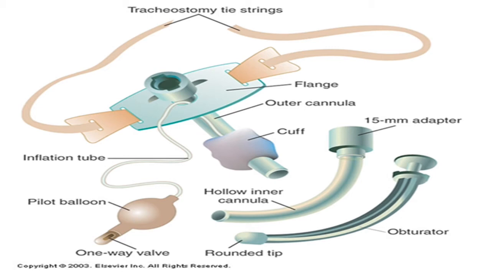Remember that if a patient has a tracheostomy tube in place, it is the patient's airway. This is how the patient breathes. So that airway needs to be protected at all times. And the tracheostomy ties are part of what keeps it in place. So those need to be secure.